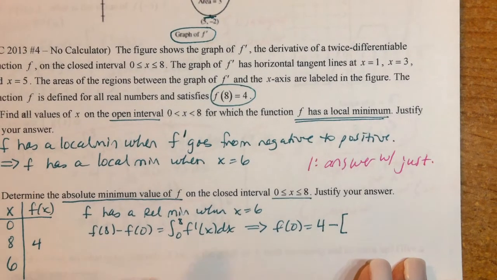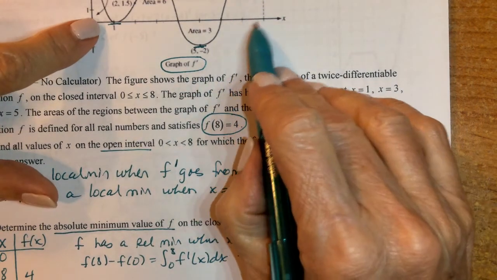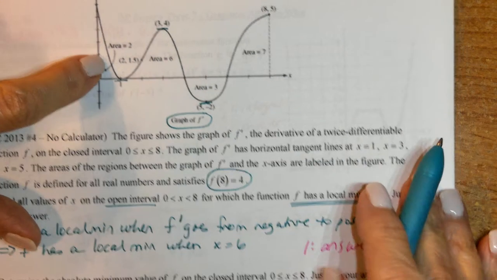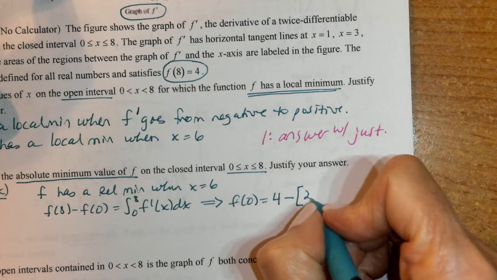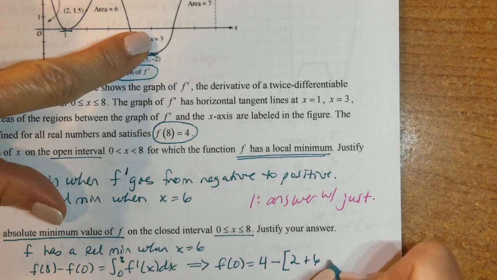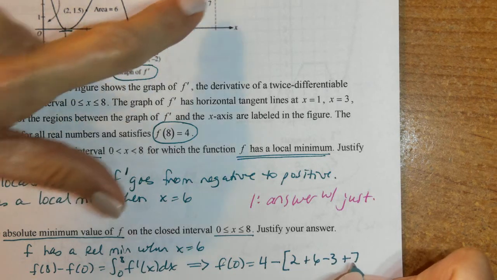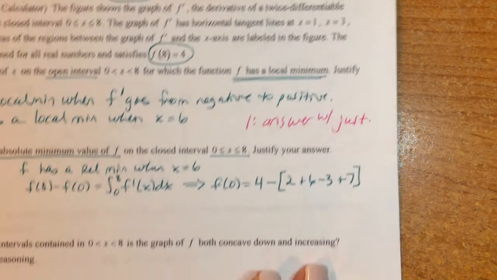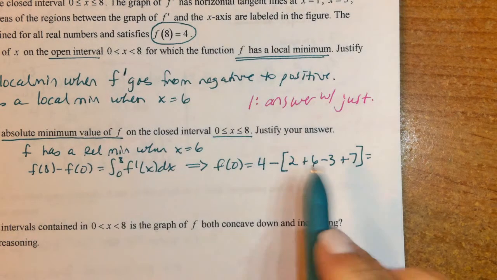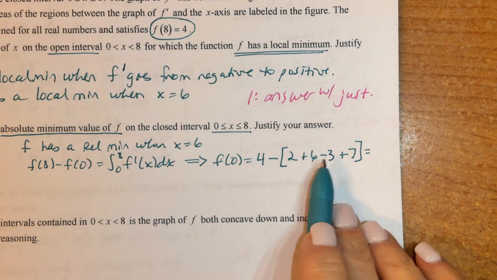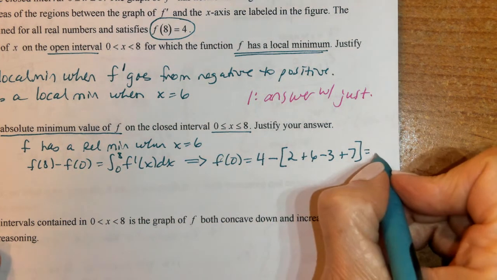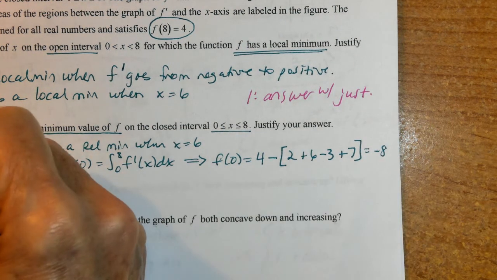And the integral from 0 to 8, it's the whole thing, is going to be positive 2 plus 6 minus 3 plus 7. So hopefully, since we have to compare, I'm going to work this out. This is 8 plus 7 is 15, minus 3 is 12. 4 minus 12 is a negative 8. So I'm hoping I did that right.